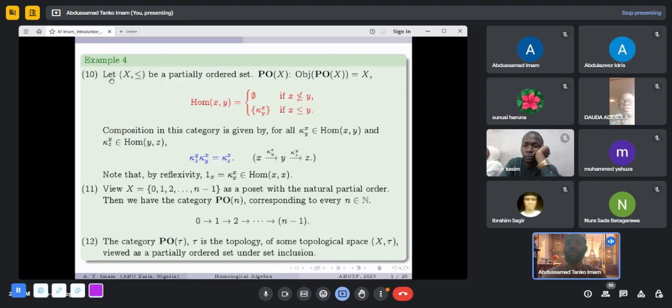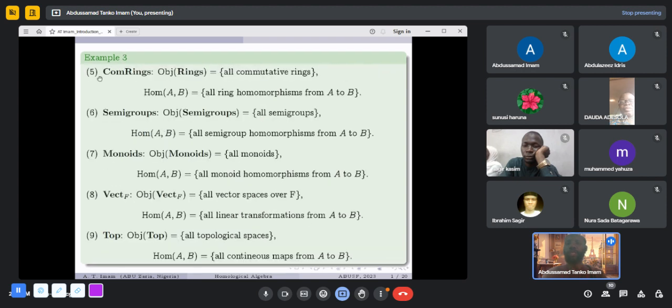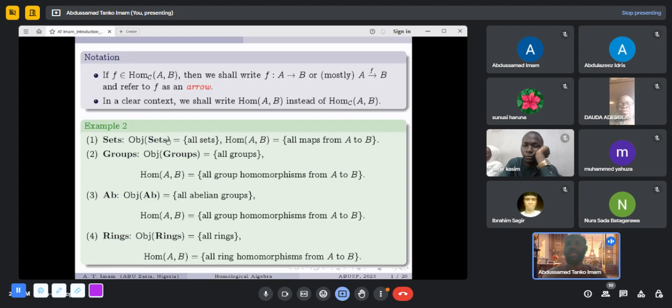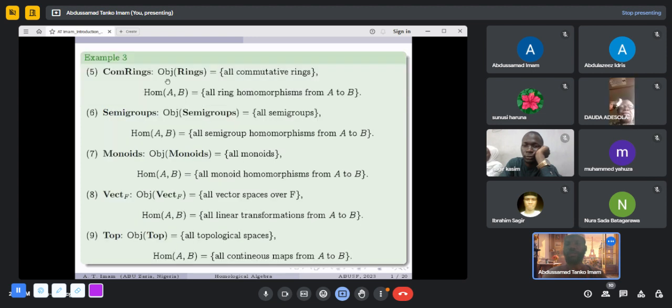And then we talk about a construction. Actually, from example 1 up to example 9, in all of these the objects are sets, because we are saying sets here. And so groups are sets. Abelian groups are also sets. Rings are sets. Commutative rings are also sets. Actually, this is a typo. It should be commutative rings, because we are talking about objects in the category of commutative rings.